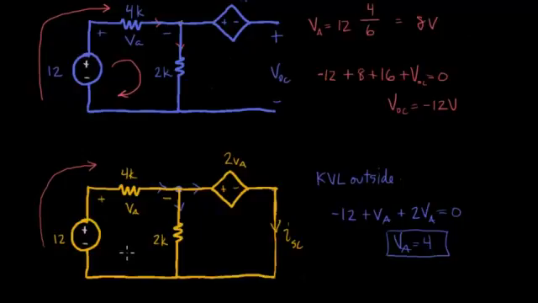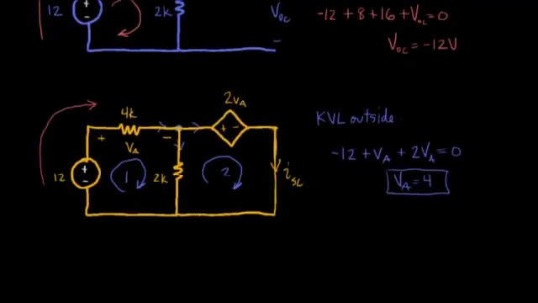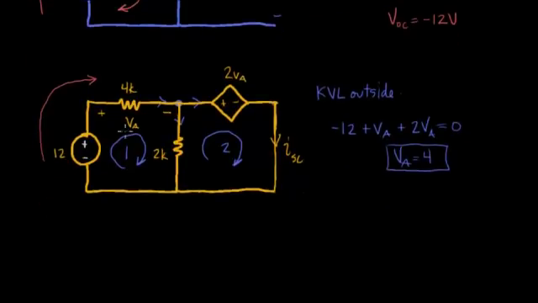So let's try doing a mesh right here. And we might have to do a mesh right here as well. Okay, so I'll start here, and I get minus 12.